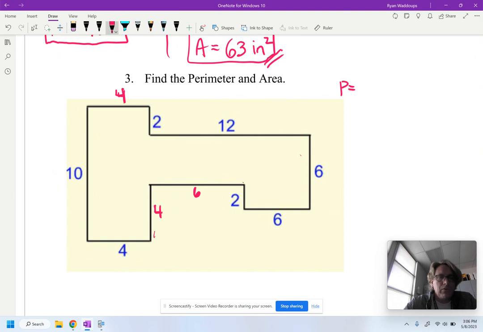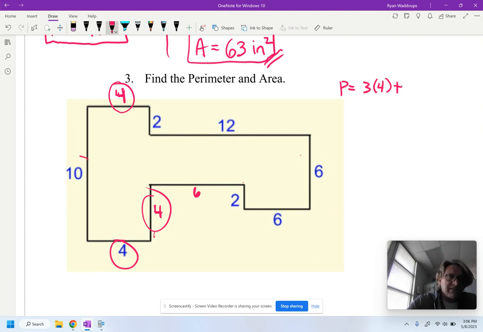So now I can say that the perimeter is equal to, and I'm going to count up all of my 4s. I've got 1, 2, 3, 4. So I'm going to say 3 times 4 plus, I've got 10 just once, so plus 10, plus I've got 6 two times, so plus 2 times 6.